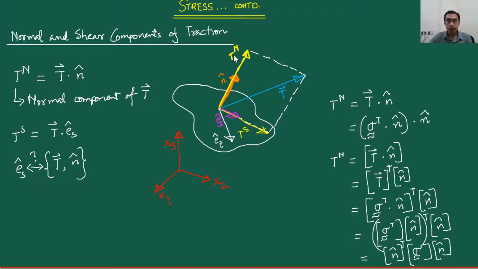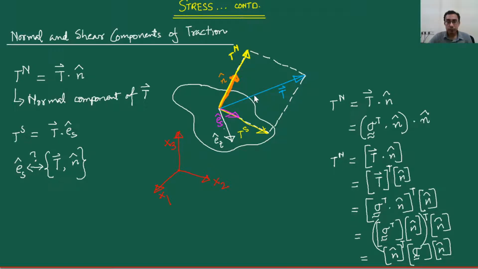Just think geometrically or very physically. When is this Tn going to be maximum? Suppose this T vector had a smaller angle compared to what is shown here. Suppose it was oriented like that. Then the contribution of the T vector to this Tn would be a little bit higher.